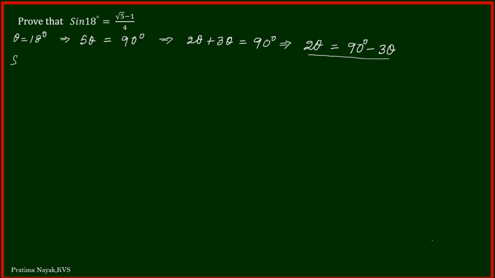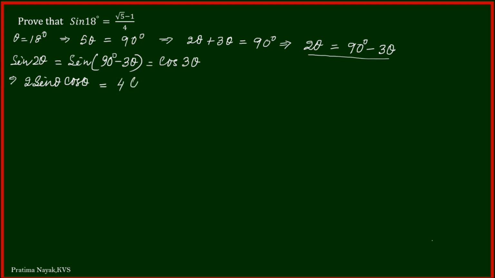So it will be sine twice theta equals sine of (90 minus 3 times theta), and we know that sine of (90 minus A) is cos A, so it will be cos 3 theta. Now applying the formula for sine twice theta, it is 2 sine theta cos theta, and cos 3 theta equals 4 cos cube theta minus 3 cos theta.